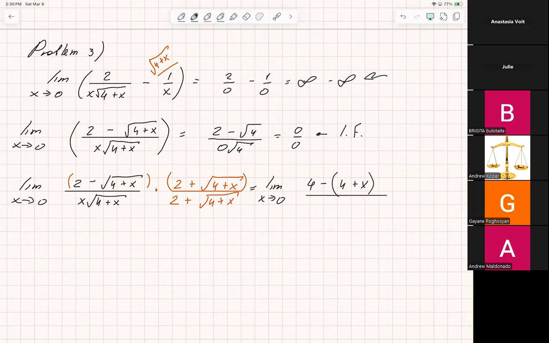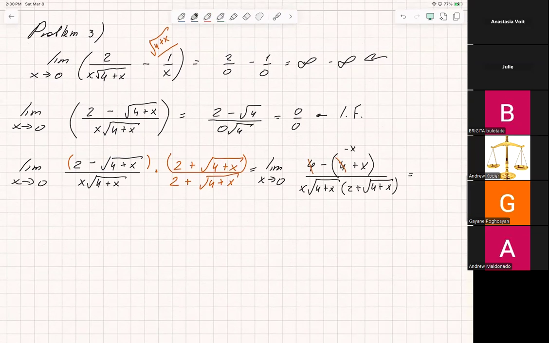And now we divide by the x square root of 4 plus x times 2 plus square root of 4 plus x. Okay, so this 4 minus 4, that's going to be 0, right? And we have in the numerator now negative x only, right?